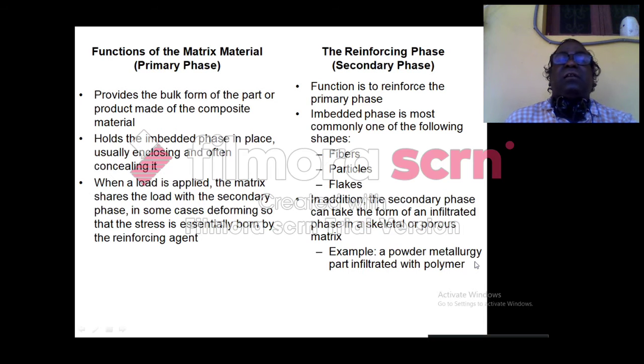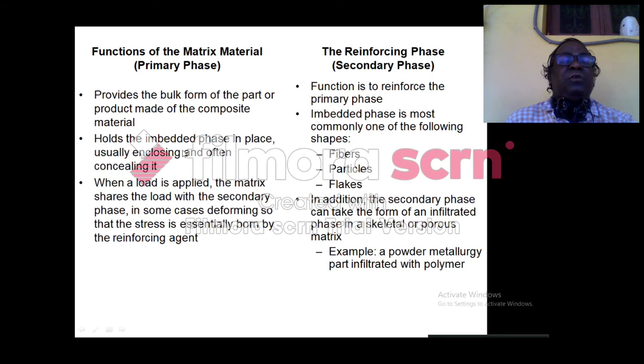Now, the function of the matrix material: the matrix material provides the bulk form of the part. Next, how the matrix and fibers are reinforced. Fiber is the secondary phase, and the primary phase is the matrix material, in bulk form.